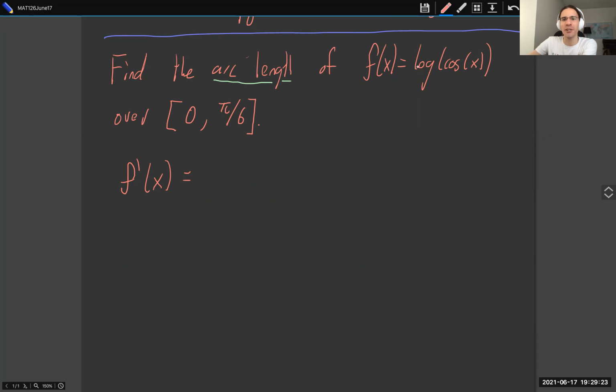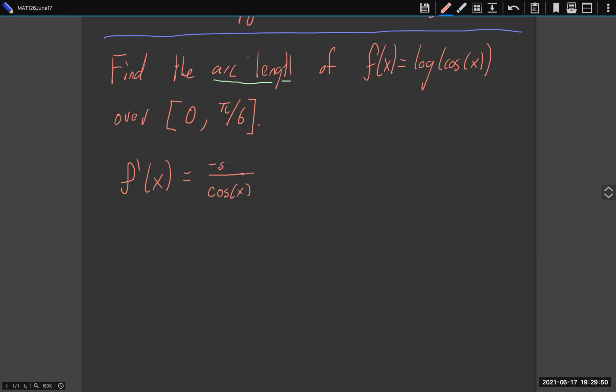And so what do I get? The outer function is log. What's the derivative of log? One over x, and then I plug in the inside function, so I get 1 over cosine of x, exactly. And now I need to multiply by the derivative of the inside function. What is the derivative of the inside function? Negative sine x.